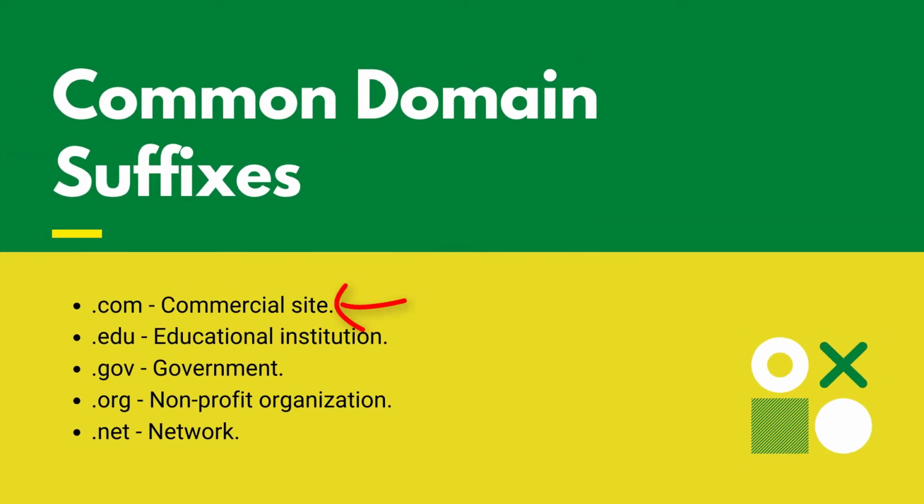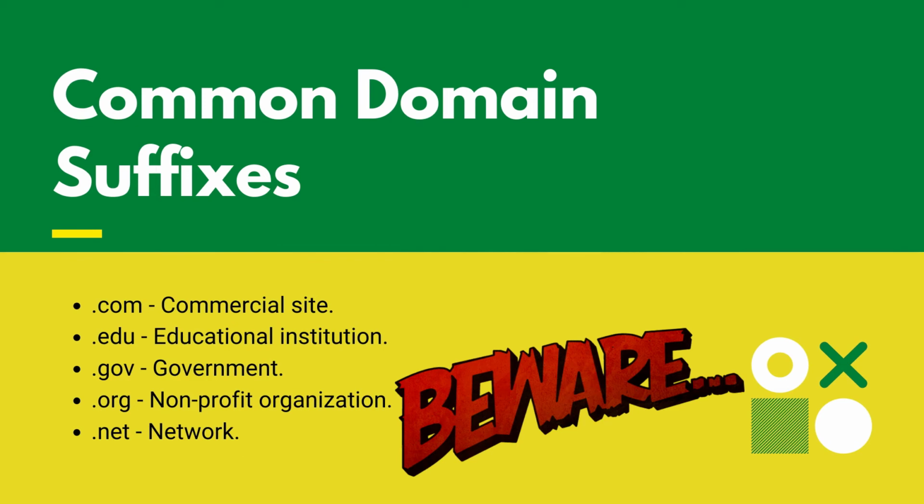Here's a list of common domain suffixes: .com for commercial sites, .edu for educational institutions, .gov for government, .org for nonprofit organizations, and lastly, .net or network. Be critical in evaluating .net websites because this means that a website doesn't fall from the categories of a commercial site, educational institution, government, or a nonprofit organization.